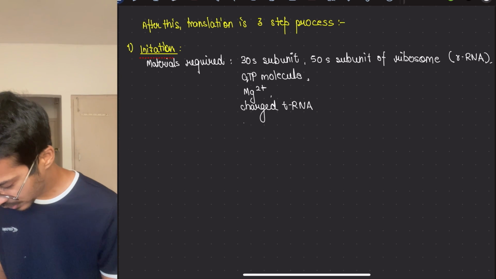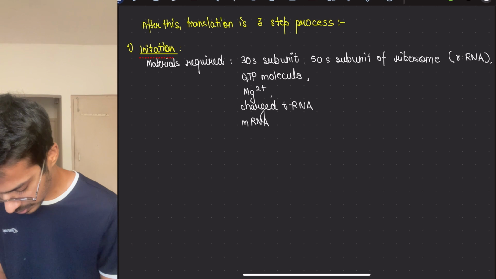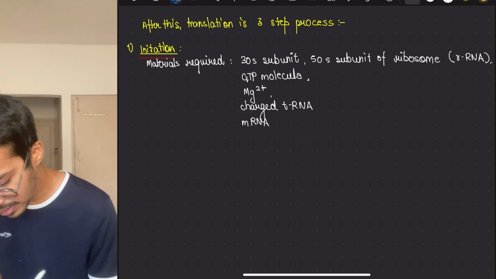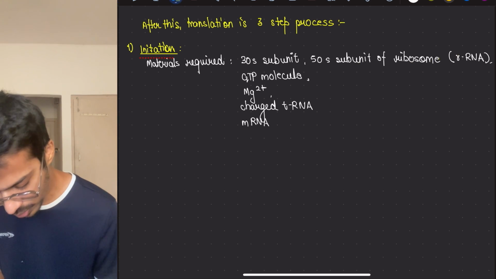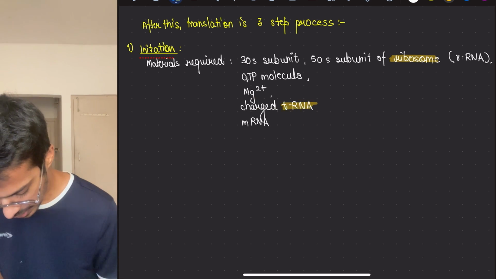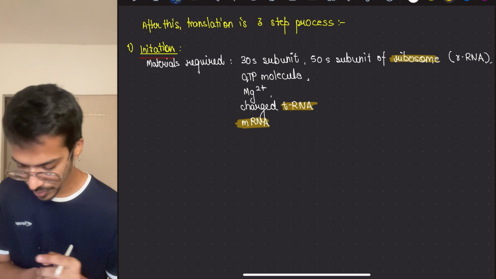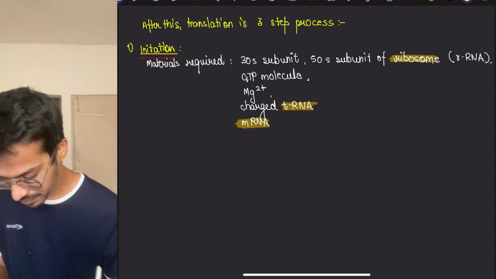Then after that we need mRNA. So these 3 are the prime important ones: ribosomes, tRNA and mRNA. The diagram was also there in the video which I have shown you. So this thing would be there.